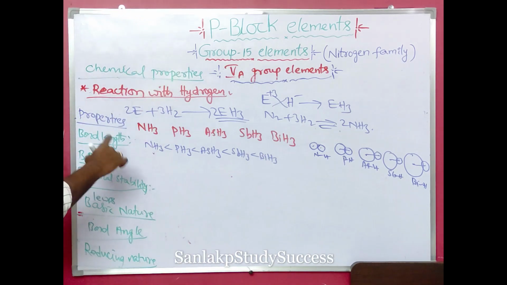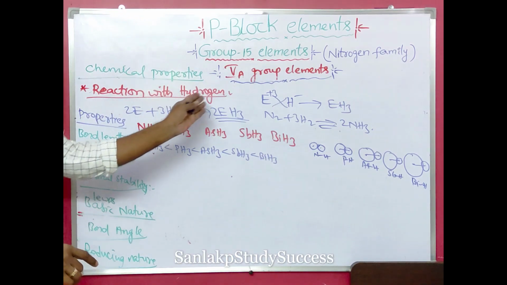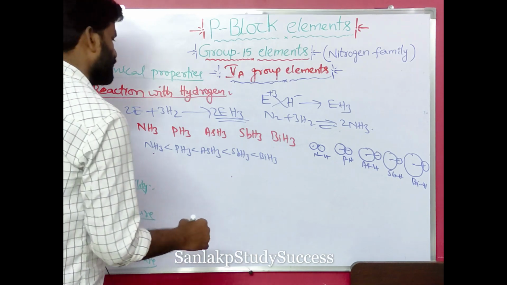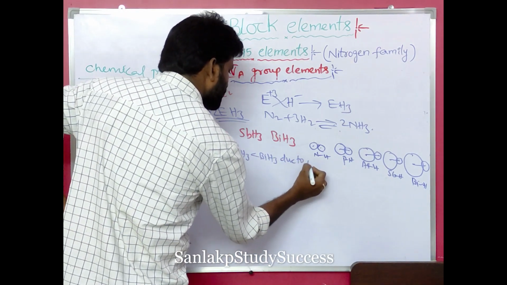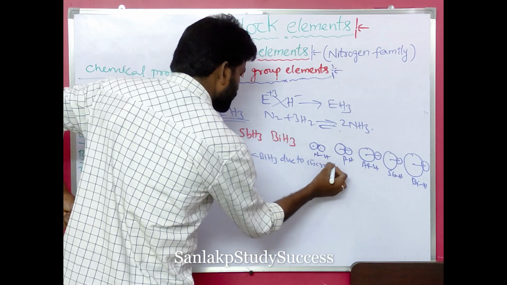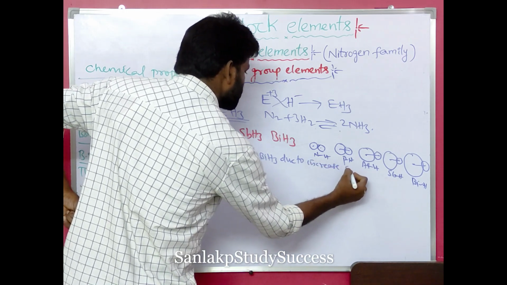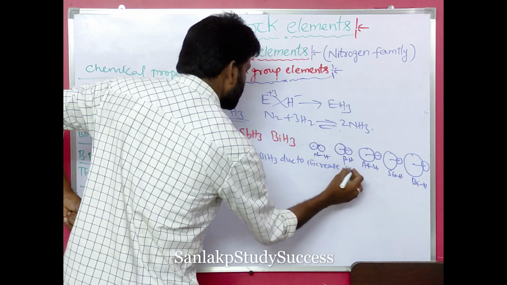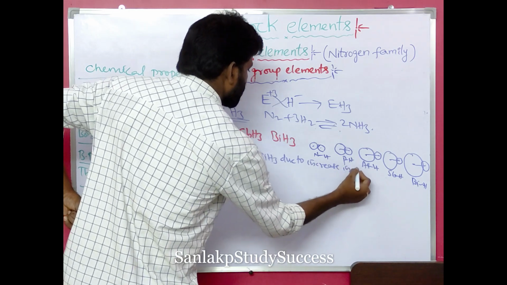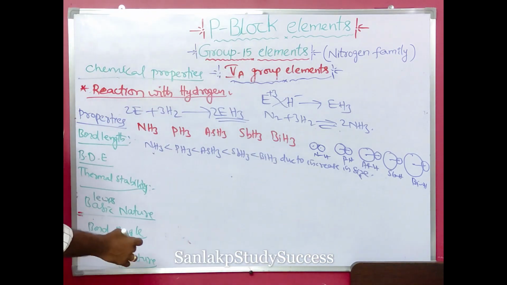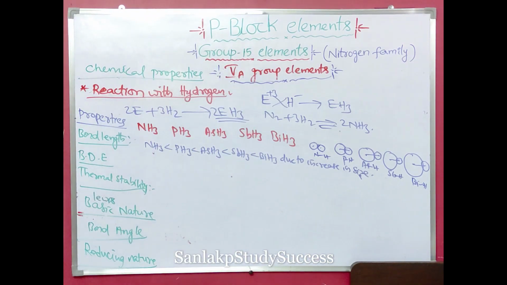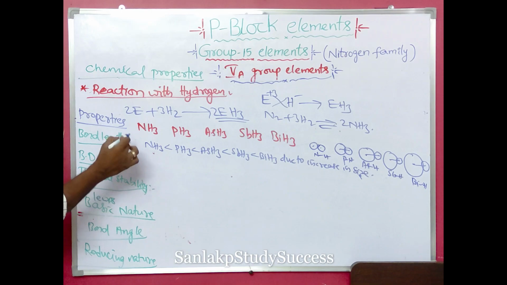Bond length increases from ammonia to bismuthine due to the increase in size.